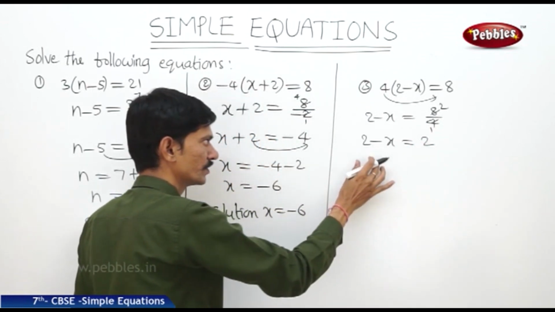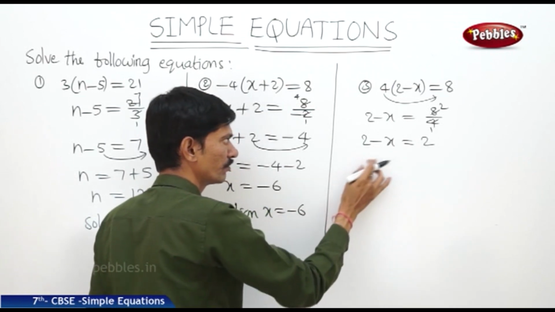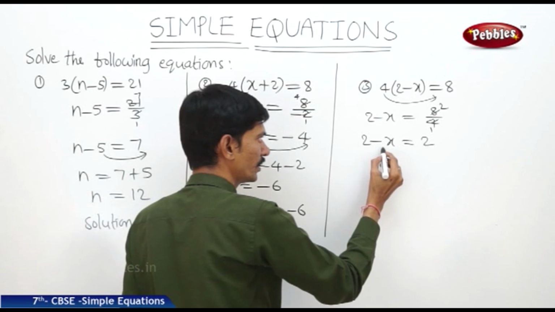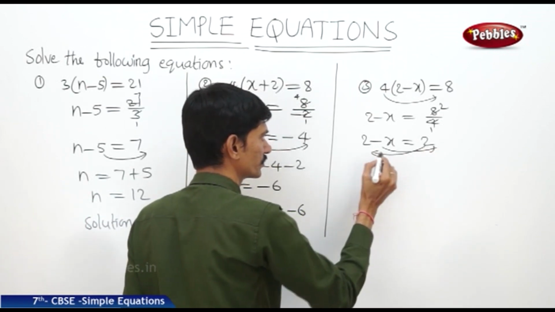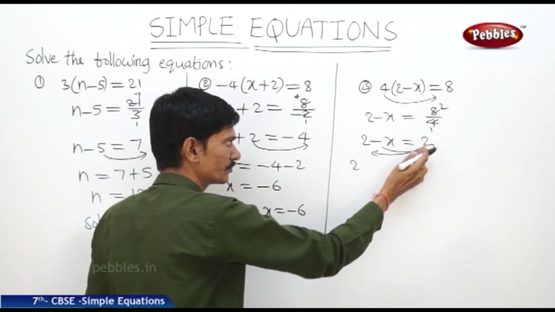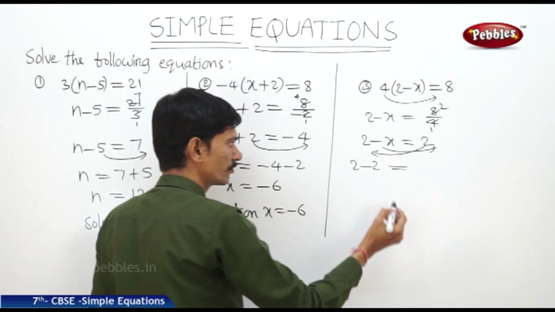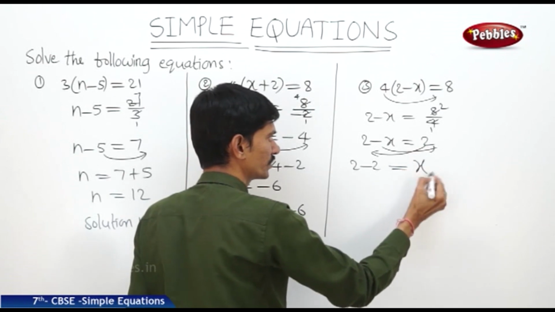And here if you transpose plus 2 to the RHS, it becomes minus 2. But the coefficient of x is minus. So let us transpose minus x to the RHS and this plus 2 to the LHS. So when 2 is transposed to the LHS, it becomes minus 2 equals, and when minus x is transposed to the RHS, it becomes plus x.